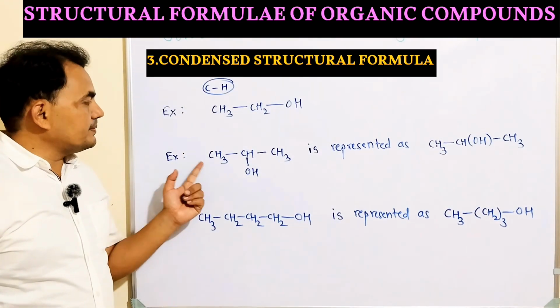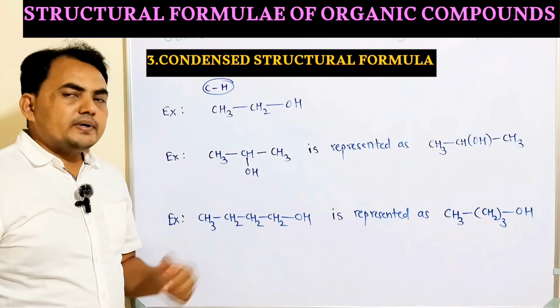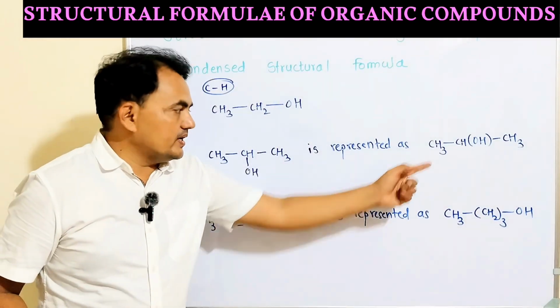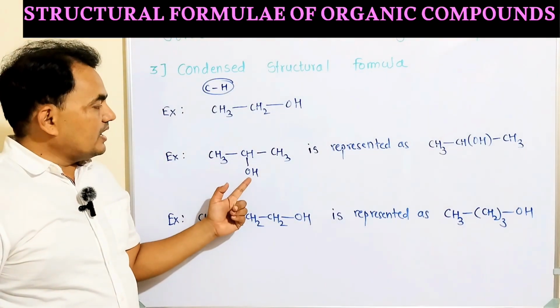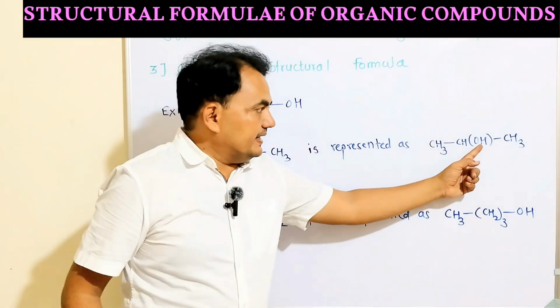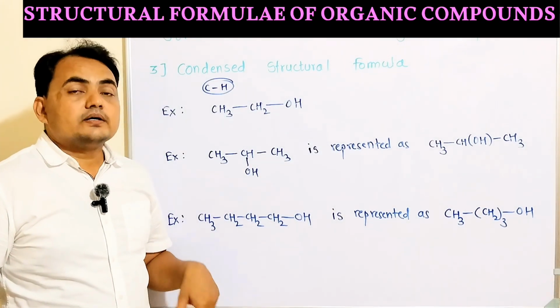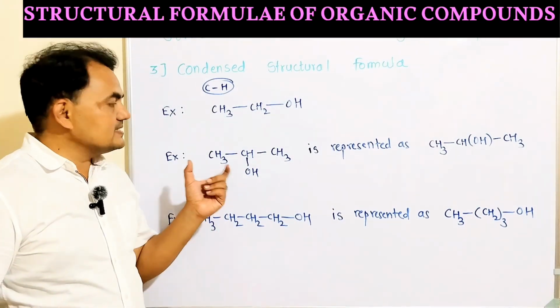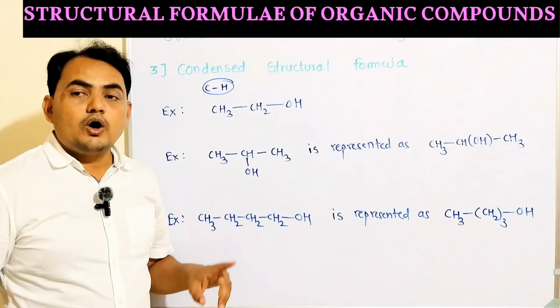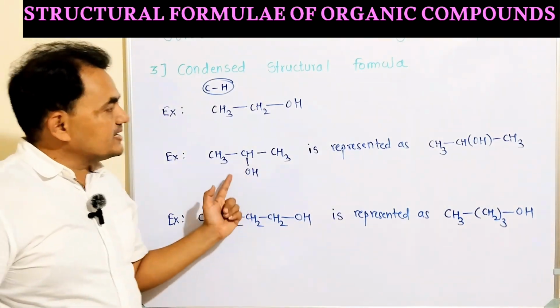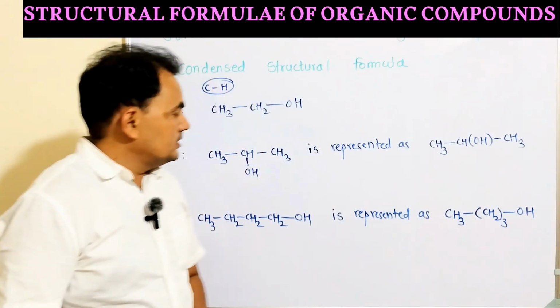Now we see the second example, that is isopropyl alcohol. This isopropyl alcohol is represented in this way, where branching is represented in a bracket. Brackets are used to represent branching or repeated groups. So here this is a branching and we can represent this branching in the bracket.